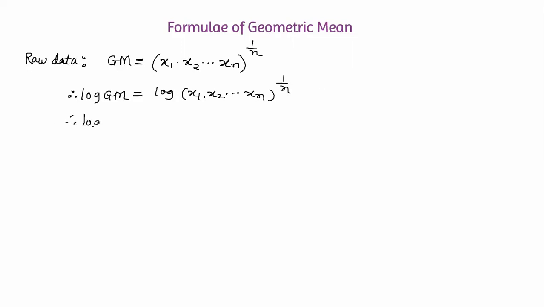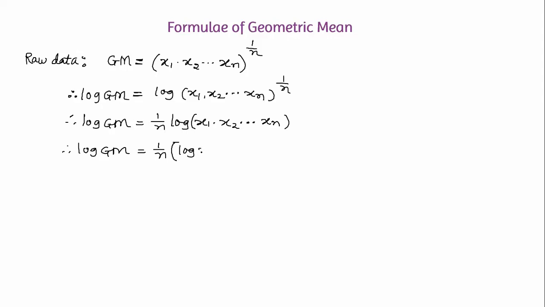Therefore log of geometric mean is equal to 1 upon n log of x1 into x2 until xn. Therefore log of geometric mean will be equal to 1 upon n, and here I can say that this is log of x1 plus log of x2 and so on plus log of xn.